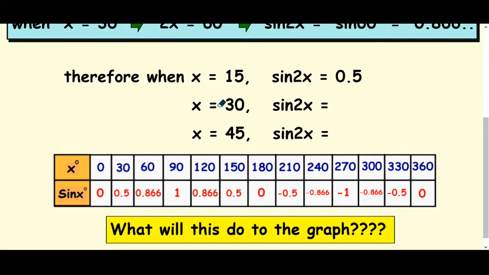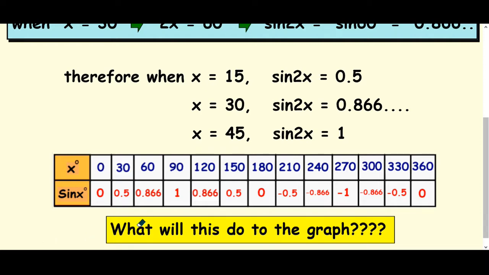If x is 30, you're getting the sine of 60, which is 0.866, so this is happening at 30 as opposed to 60. And if you put in 45, then sine 2x is really the sine of 90, which is just 1. So these first three values are happening much earlier, at 15, 30 and 45. So it's peaking much earlier than it did in the normal sine wave.